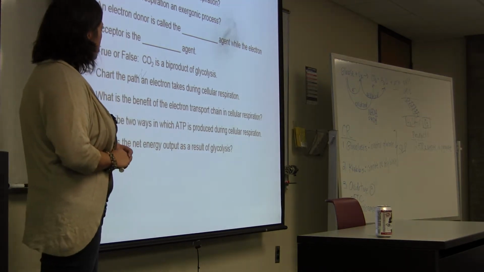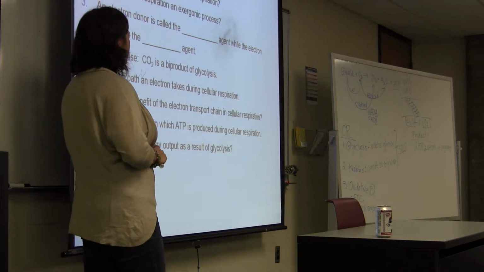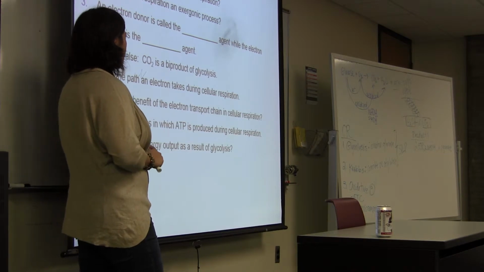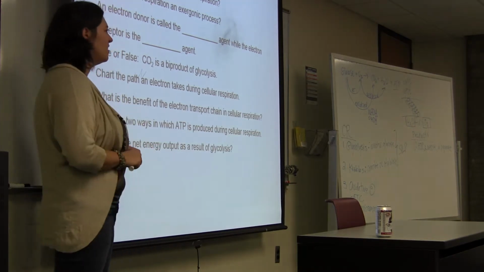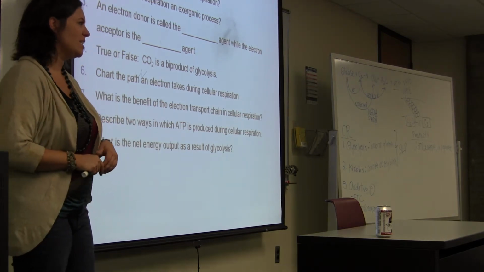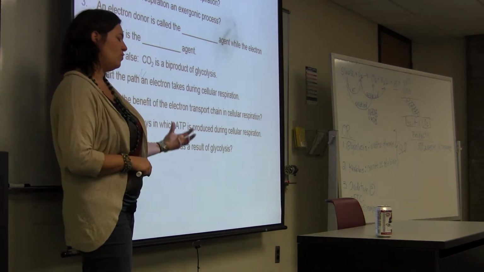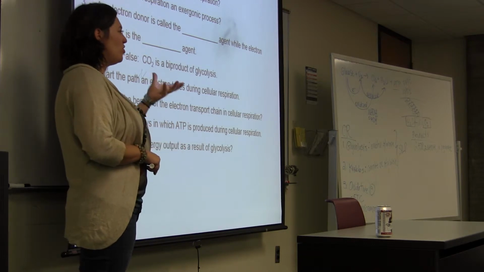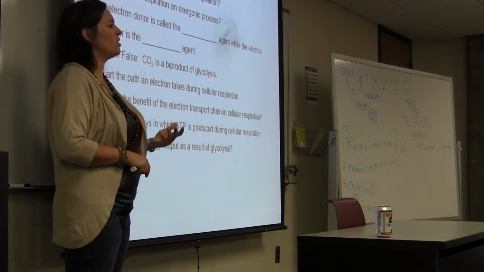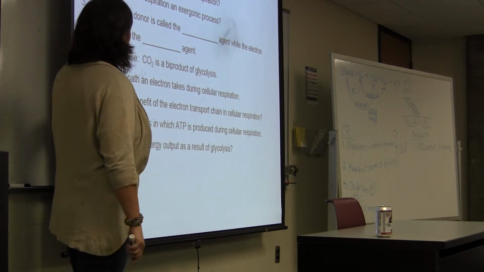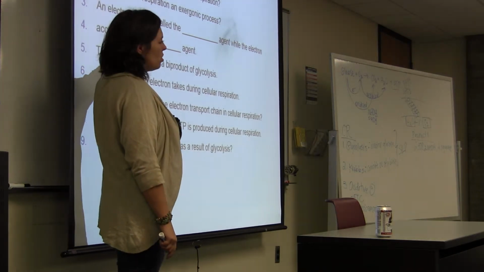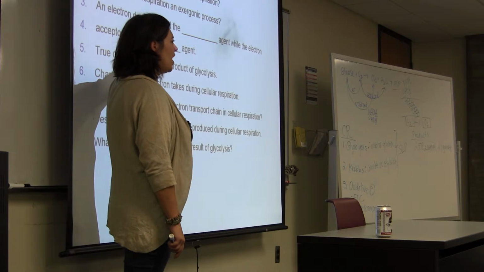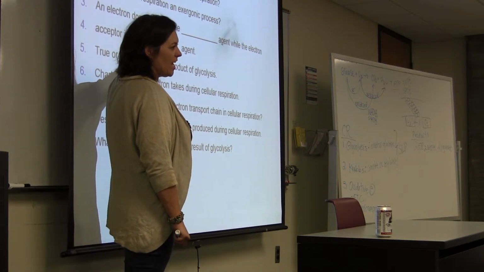Okay, an electron donor is called the blank agent, while the electron acceptor is called the blank agent. Whenever you oxidize something, you're removing electrons away from it, right? But when you have something that's donating the electron, we call that the reducing agent.